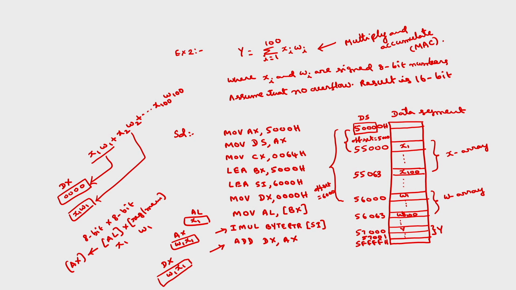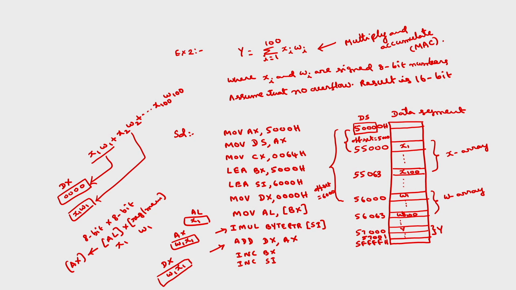Okay. So for that, in order to point to the next X2, W2: X2 is with offset of 5001, W2 is with offset of 6001. Here we have 5000 and 6000 pointed by BX and SI. You increment both the registers by 1. INC BX, INC SI.